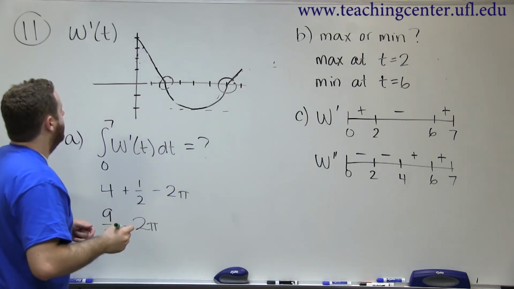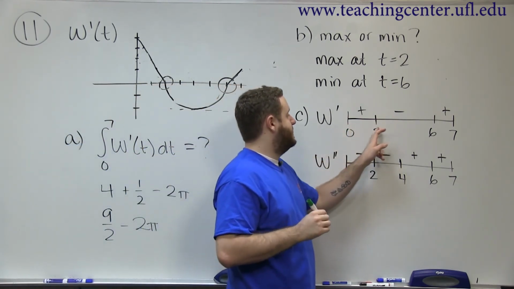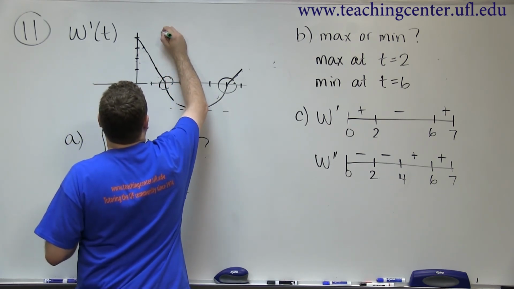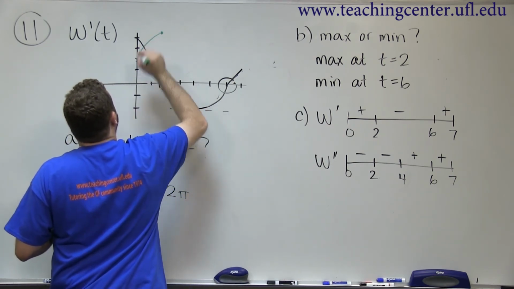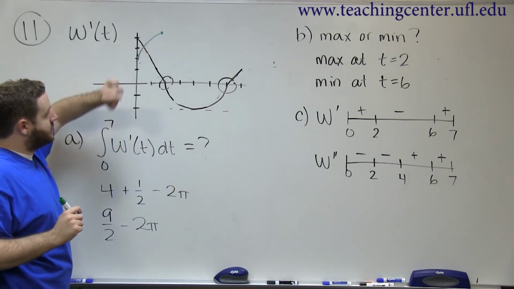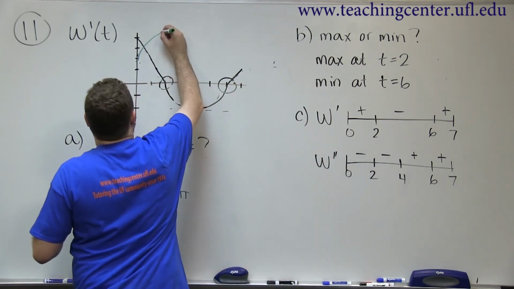Okay, so from 0 to 2, we're increasing and concave down. We become decreasing after that, so that means there's a max at 2. So I'll just put that point, let's say up here. So this graph will look like that. It's increasing, concave down. After that, it's still concave down, and now decreasing though.